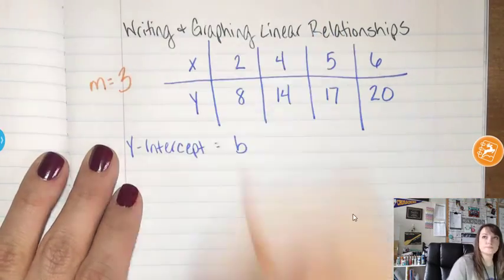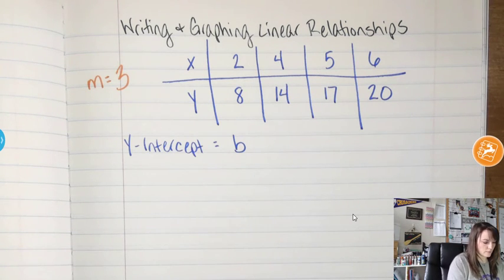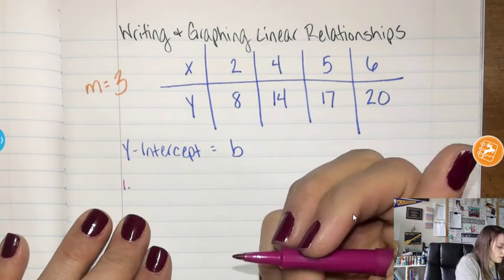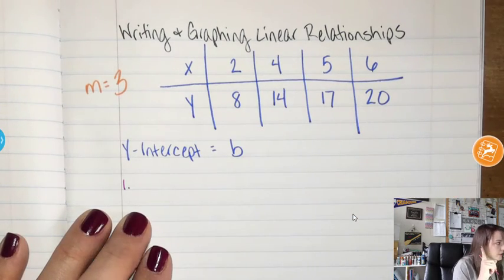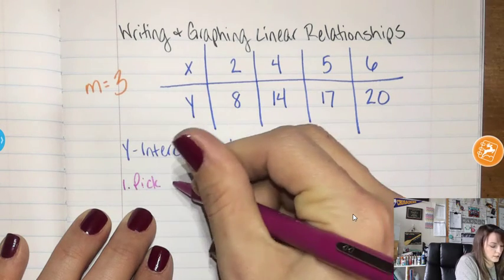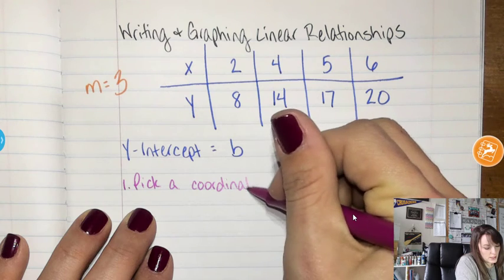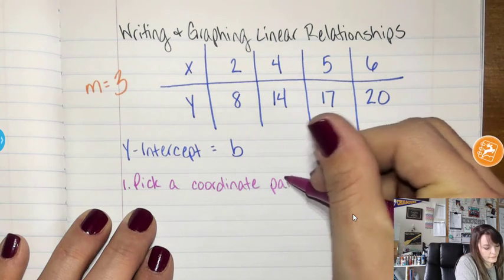We already figured that out. So, step 1. Pick one coordinate pair from your table.